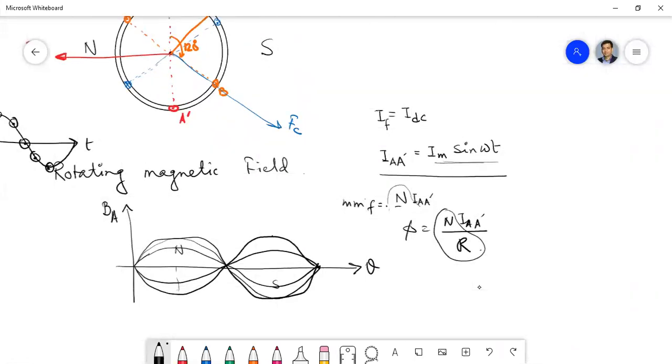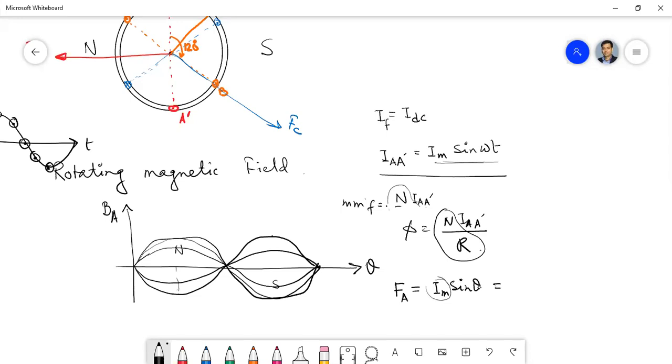Now, that means the FA, which we are saying is the field due to the A prime coil, is not only a function of theta, because for only one current it is a function of theta, but the current itself is a function of time.